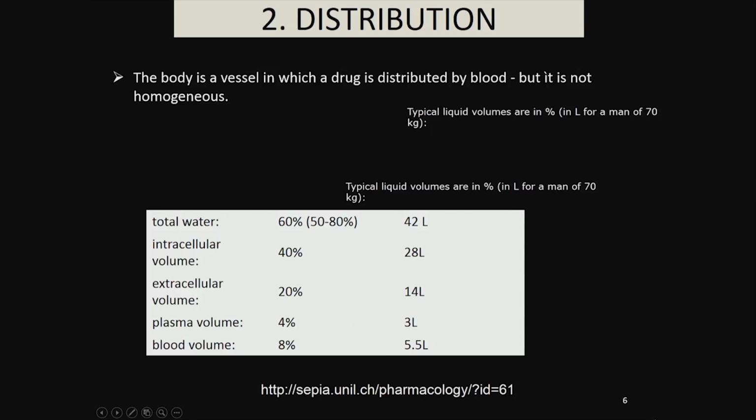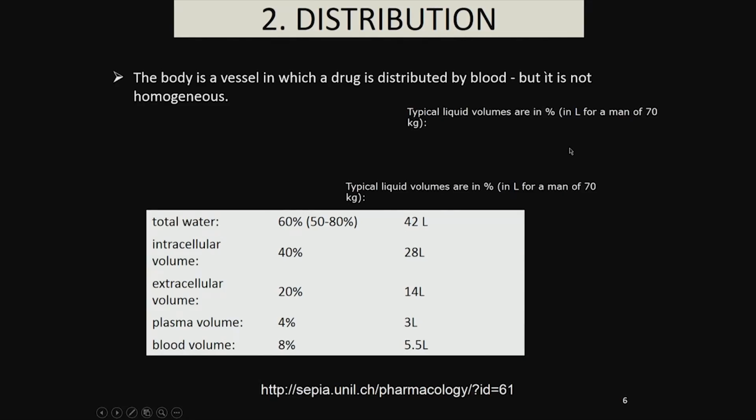Distribution, let us look at distribution. Like I said, it is a big pot. It is not only the blood, even the tissues and other organs are part of this big pot, and the drug can be taken up depending upon the molecular weight, lipophilicity and so on. Depending upon several factors, the contents of the pot may change.